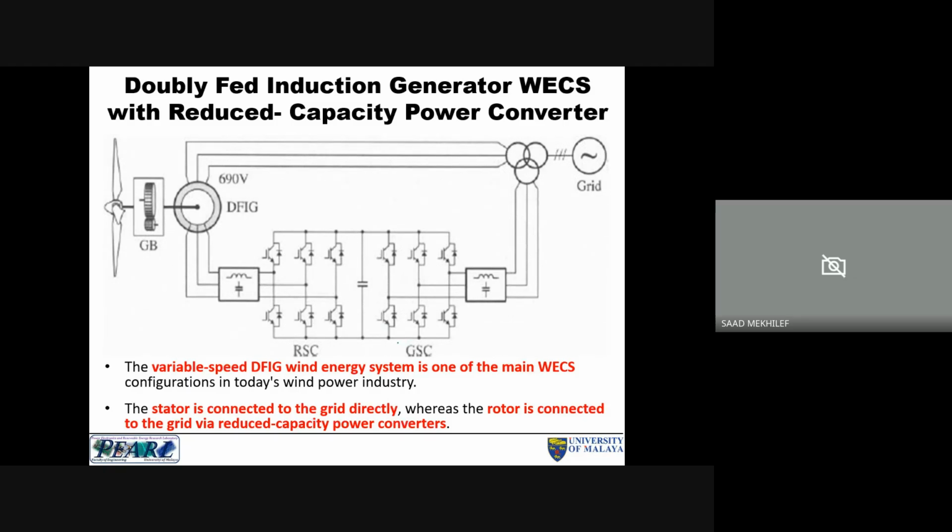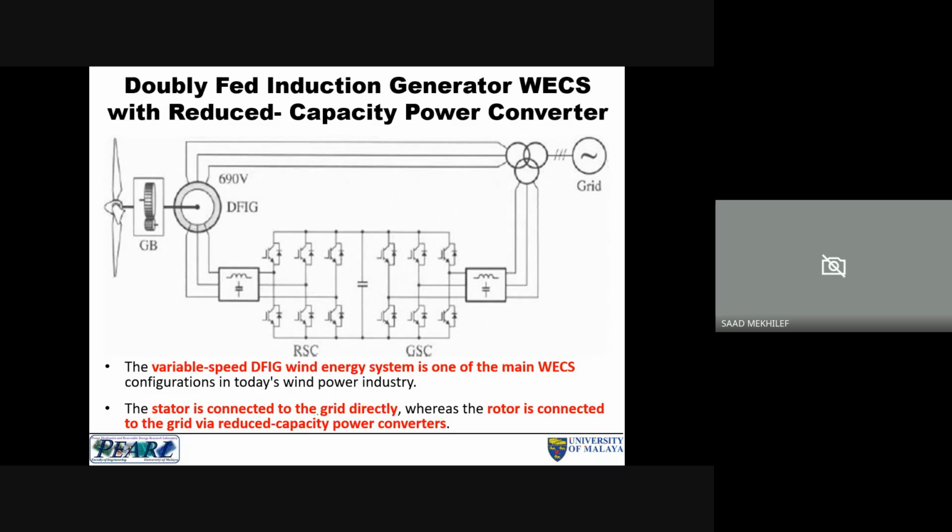These power converters are very, very important. This is becoming more commonly used, especially recently with the introduction of new semiconductor power devices, where the power capacity of these converters has increased significantly.